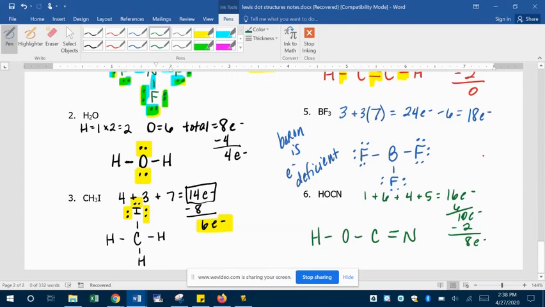So that means I need to do another bond. Now, you might think I could put it right here, and you wouldn't be wrong. However, oxygen usually likes to form 2 bonds, and nitrogen likes to form 3. So let's put our last bond there.